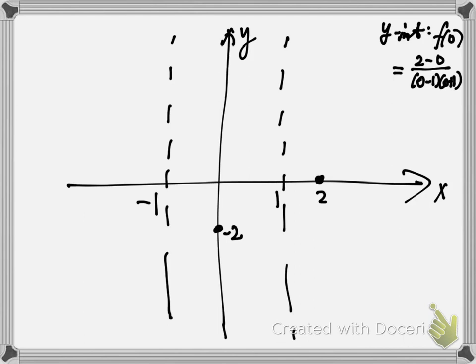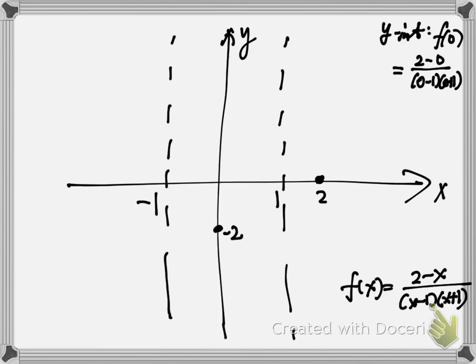Okay, so this is the y-intercept, -2. So now what's the horizontal asymptotes? Horizontal asymptotes use the maximum degree of numerator and denominator. So f of x is 2 minus x over x minus 1, x plus 1.